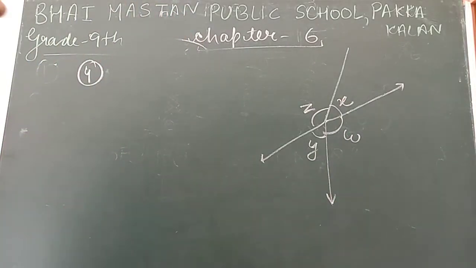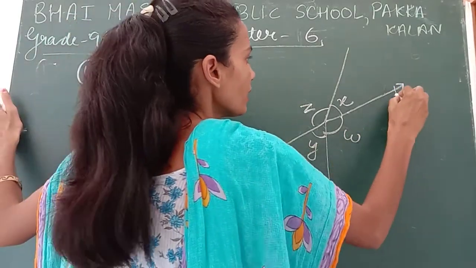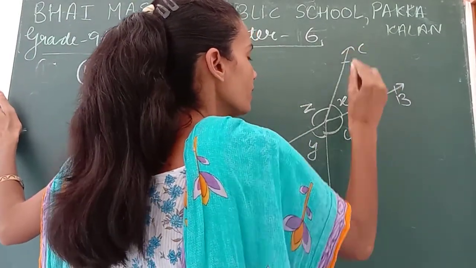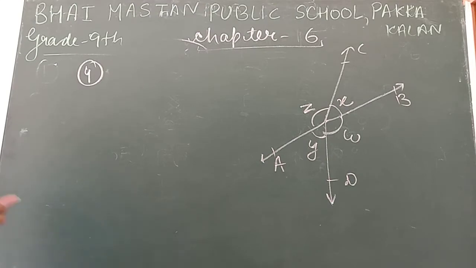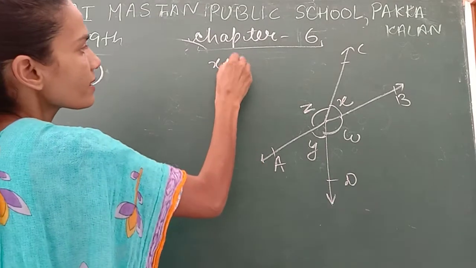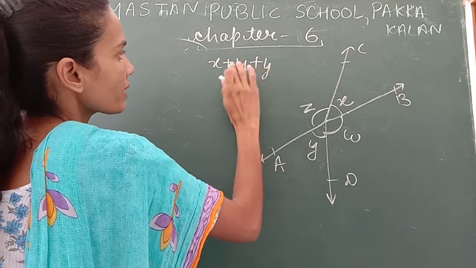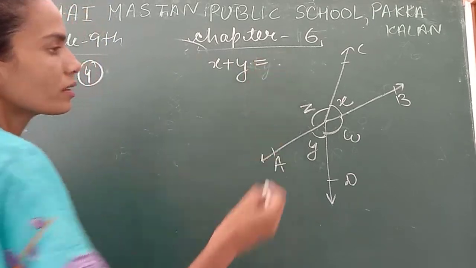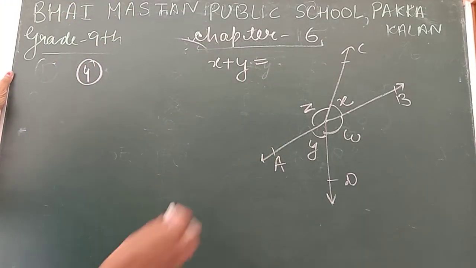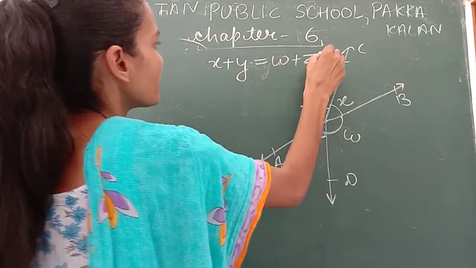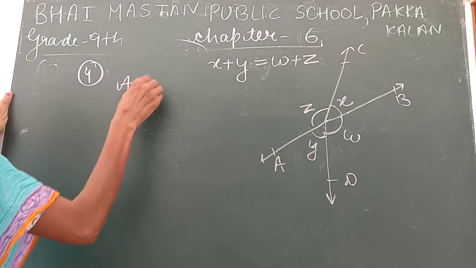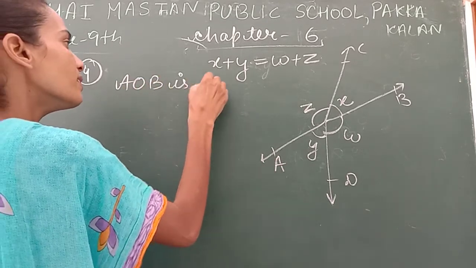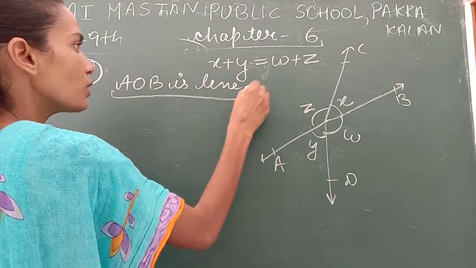In the figure, x plus y is equal to w plus z. And you have to prove that AOB is a line.